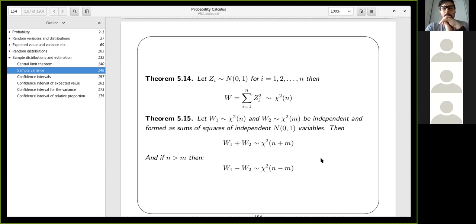Also, if we have two chi-squared distributed variables that are independent and formed as sums of squares of independent N(0,1) variables, then their sum is chi-squared n plus m, and if n is greater than m, then their difference is chi-squared n minus m.